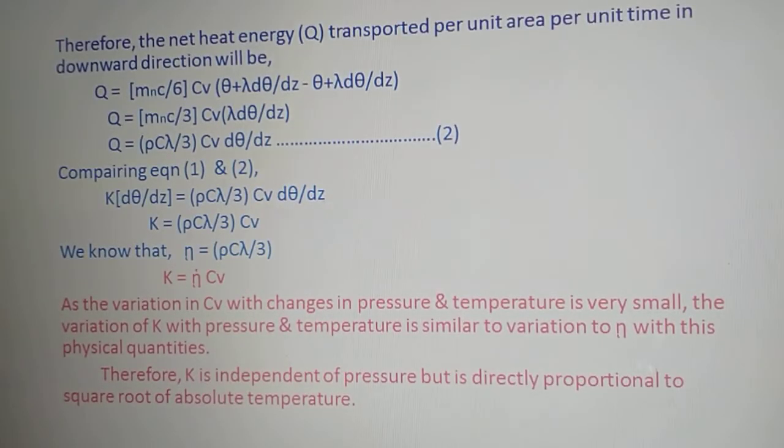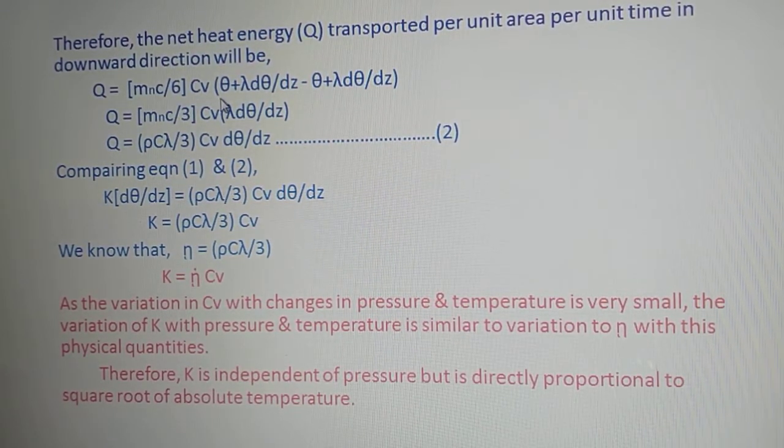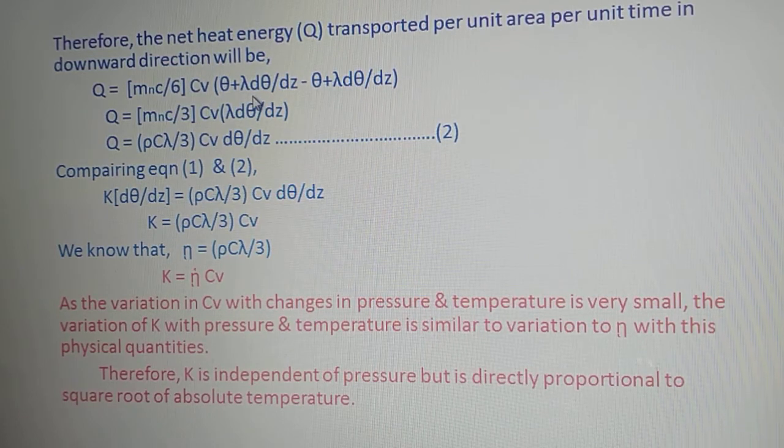Therefore, the net heat energy transported, Q, per unit area per unit time in the downward direction will be equal to m n c by 6 into Cv into theta plus lambda d theta by dz minus theta minus lambda d theta by dz.